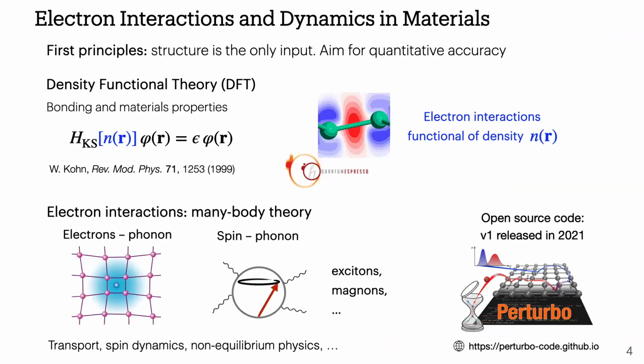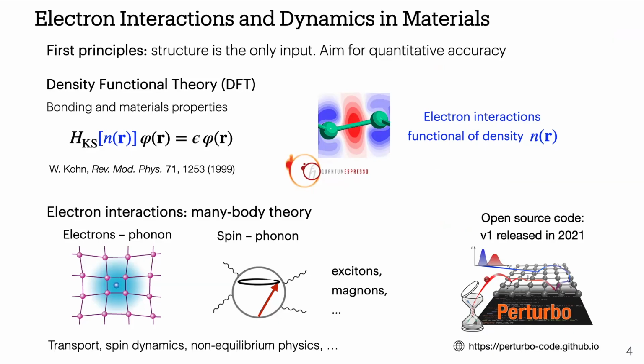Okay, so at its heart, Perturbo is a code to model electronic interactions and dynamics in materials. And it obviously uses the first principles formalism, where the structure of the material is the only input, and the goal is to compute these quantities with quantitative accuracy using quantum mechanics combined with advanced numerical algorithms.